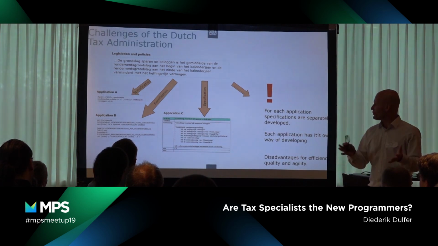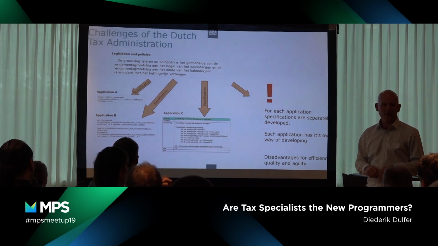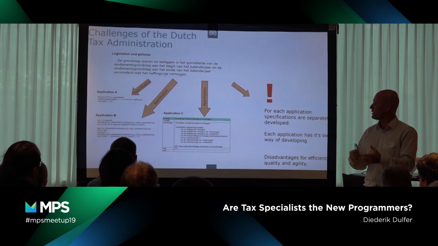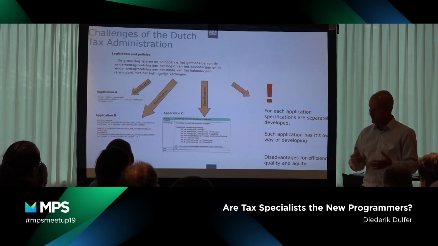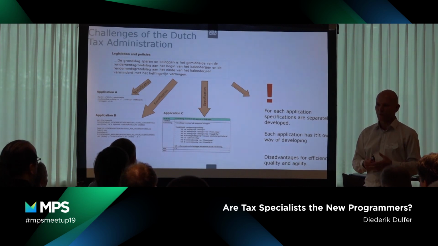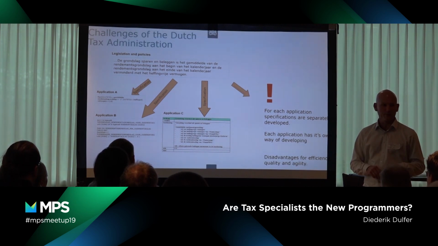So just to go back to why we are doing this, we are all doing this because our job in the tax department is to implement legislation. And our main problem at this moment is that this legislation is translated into different specification documents for each application that we make.